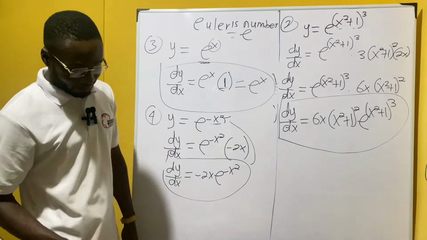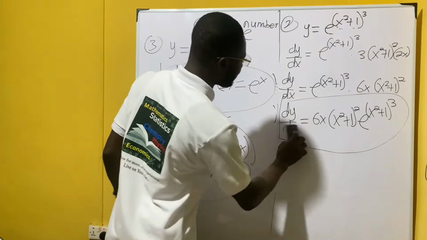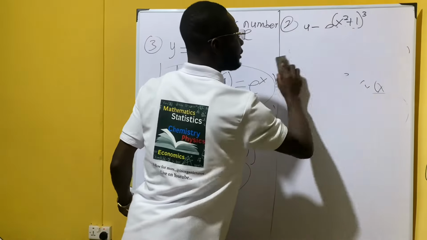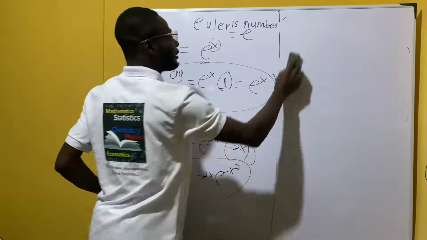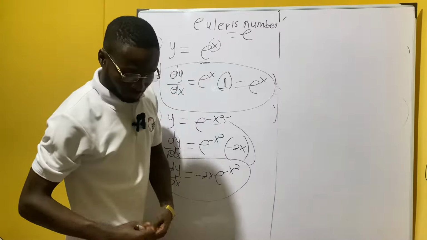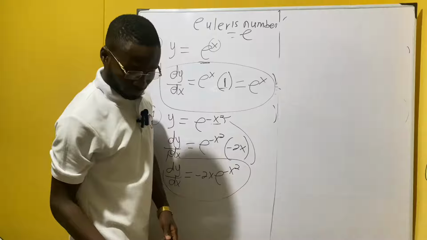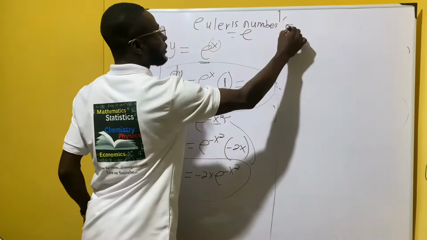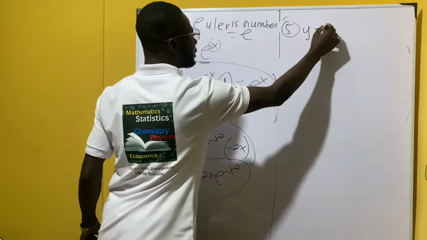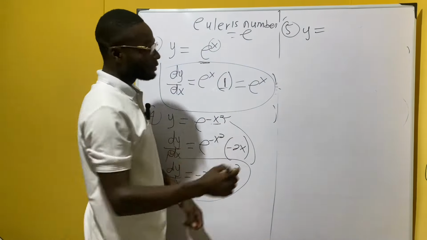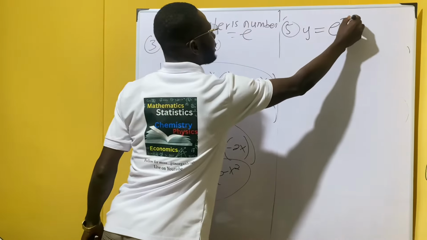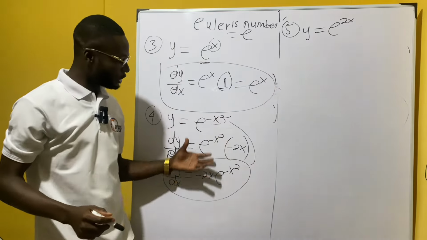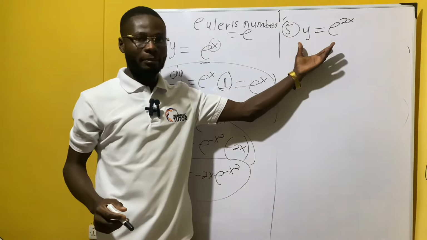Let's look at the final example on this particular topic. So the final example, which is problem 5, y is equal to e power 2x. The same idea as we used over here, the same thing we are going to apply over here.